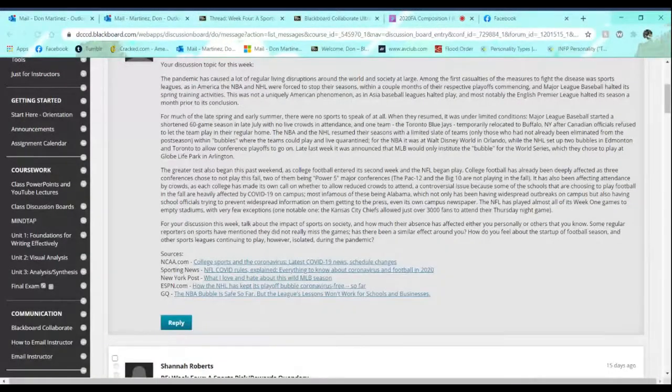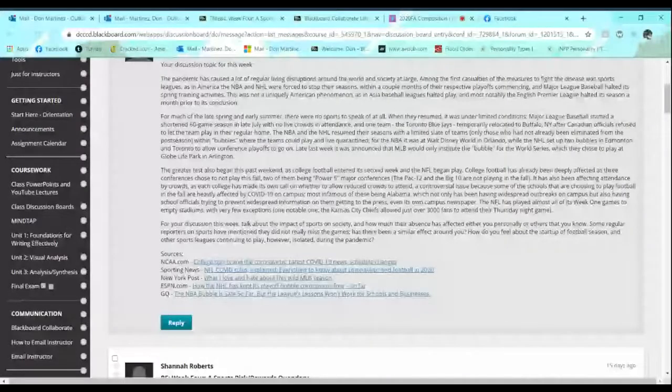Major League Baseball started a shortened 60-game season in late July, with no live crowds in attendance, and the Blue Jays temporarily relocated to Buffalo, New York after Canadian officials refused to let the team play in their regular home. The NBA placed its teams, only those who had not been eliminated from the postseason, within bubbles where the teams could play and live quarantined.